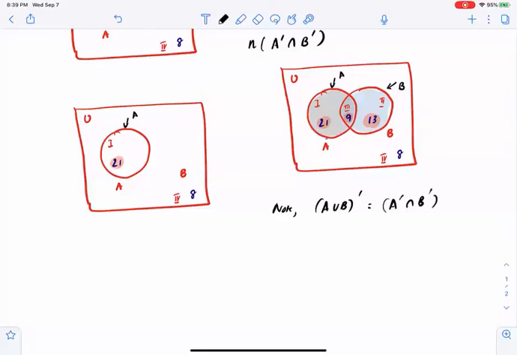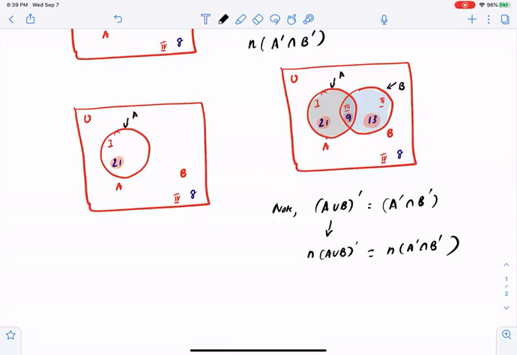Those two would correspond to the same set. So they must have the same number of elements. So if I find the cardinality of this set, that would equal to the cardinality of that set.